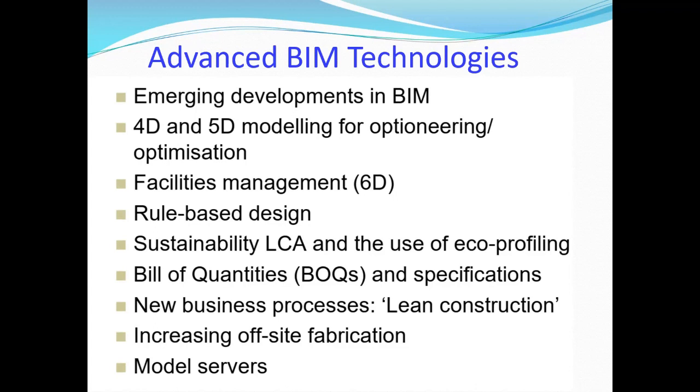As an engineer, I have no knowledge of carbon. So I specify that this column is supposed to be cast with grade 40 concrete. The contractor builds accordingly. Then 5 or 10 years later, the client wants to know how much CO2 is emitted by this building. So how do we quantify this?